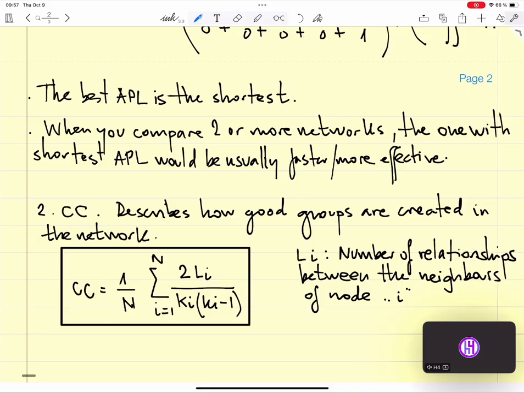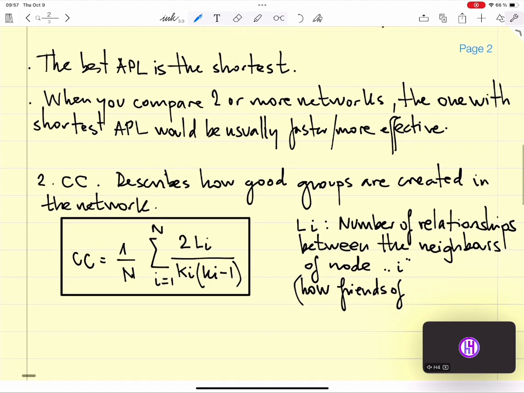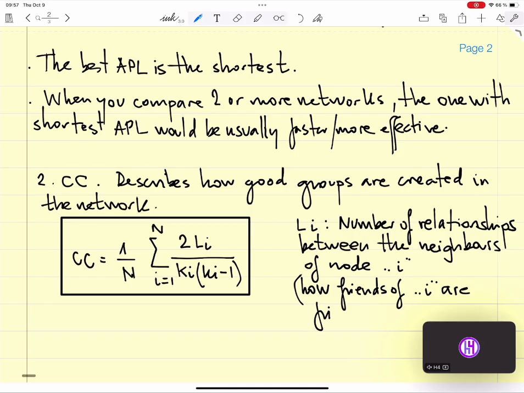Okay? This means how many friends of i are friends to each other. In other words, if you are a friend with him and you are a friend with him, L sub i will be 1 if you and you are friends.